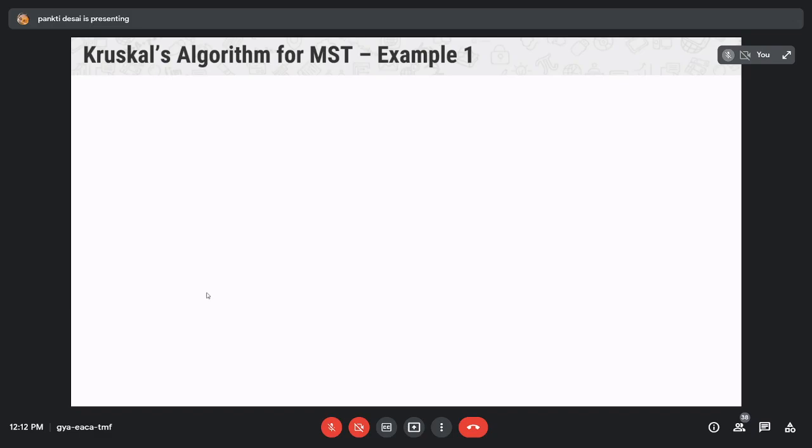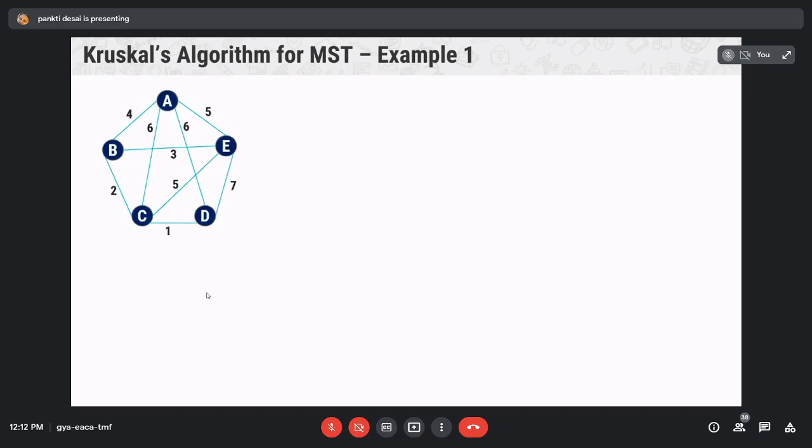So, Kruskal algorithm. Kruskal algorithm is an algorithm for obtaining a minimum spanning tree. In this algorithm, a minimum cost edge always has to be selected, but it is not necessary that the selected optimum edge is adjacent.